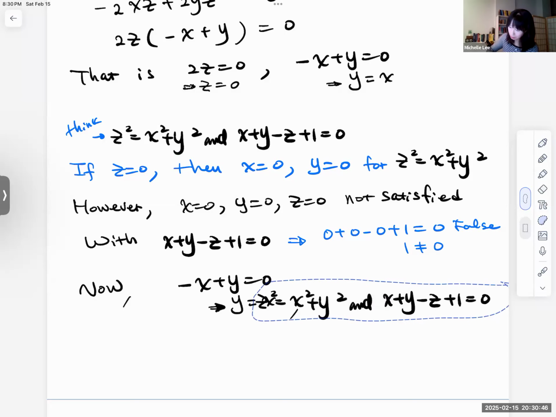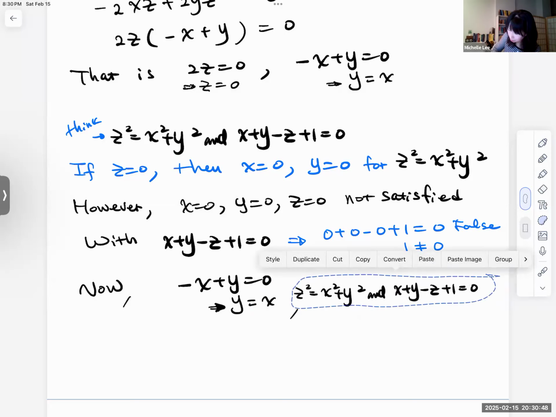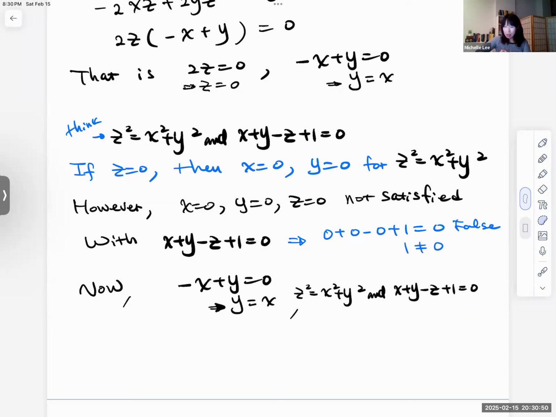Okay, now we have z squared equal to x squared plus y squared. Then we can substitute y equal to x, so z squared equal to x squared plus x squared, right?